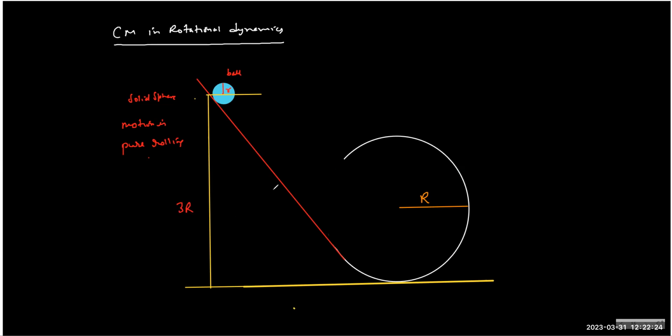And the small r, if I make it r by 8, so that things are really bad. So now the small r is 3r by 8. Find the maximum height reached by the ball.